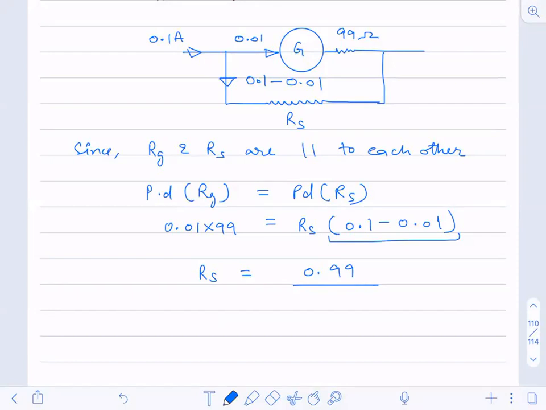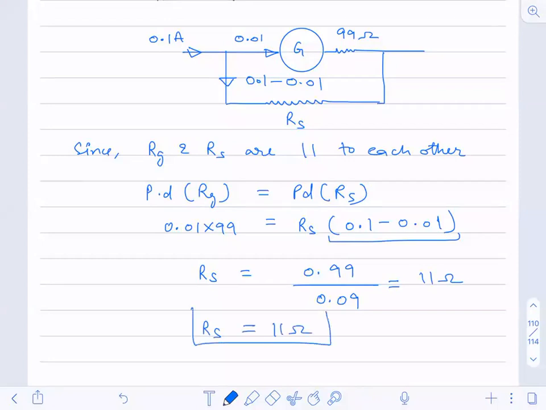You are solving also, or you are just sitting? I'm not asking you the value of Rs. I'm asking you the value of 0.1 minus 0.01. Yes, it should be 0.09. So you will have 0.99 divided by 0.09, which is 11 ohms. So Rs value will be 11 ohms.